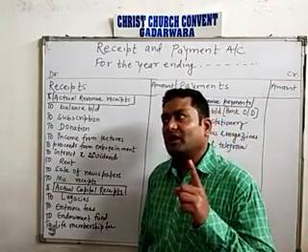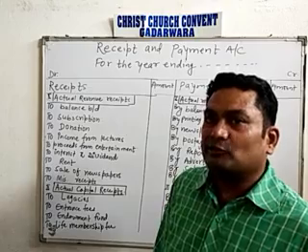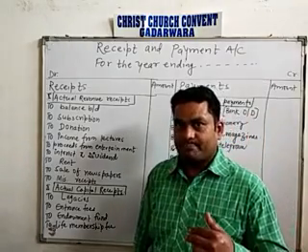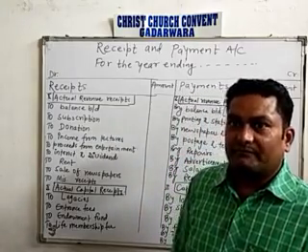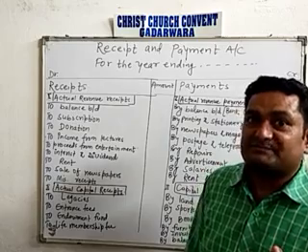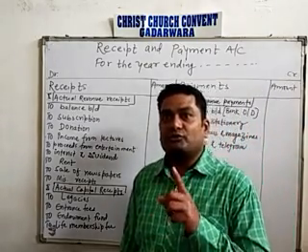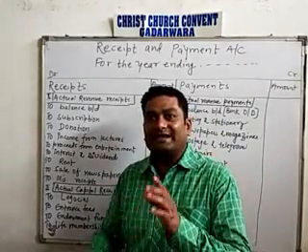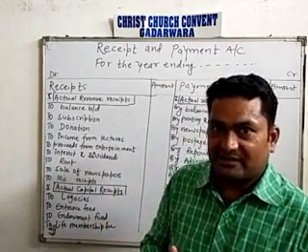General donation means it is given by any person to that NPO. And special donation means it is given for any special cause, a specific purpose, which has to be used for that purpose only, and that amount of donation cannot be used anywhere else.